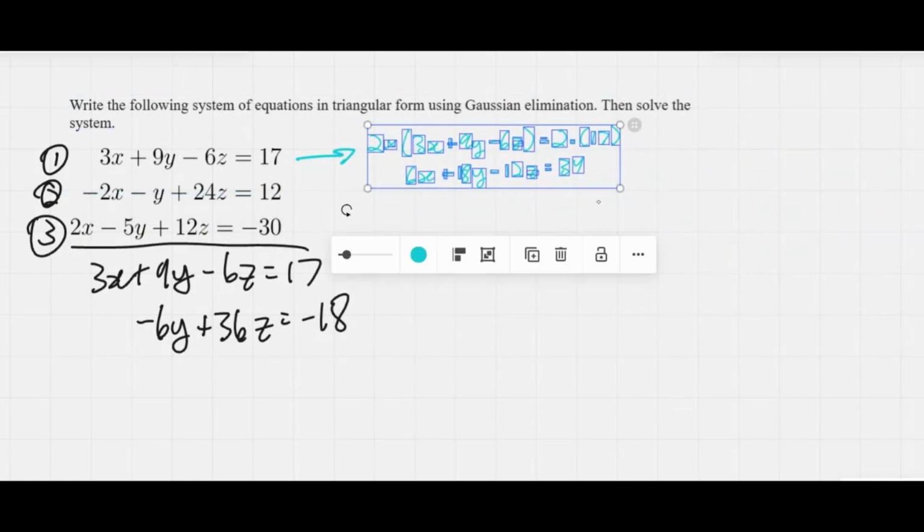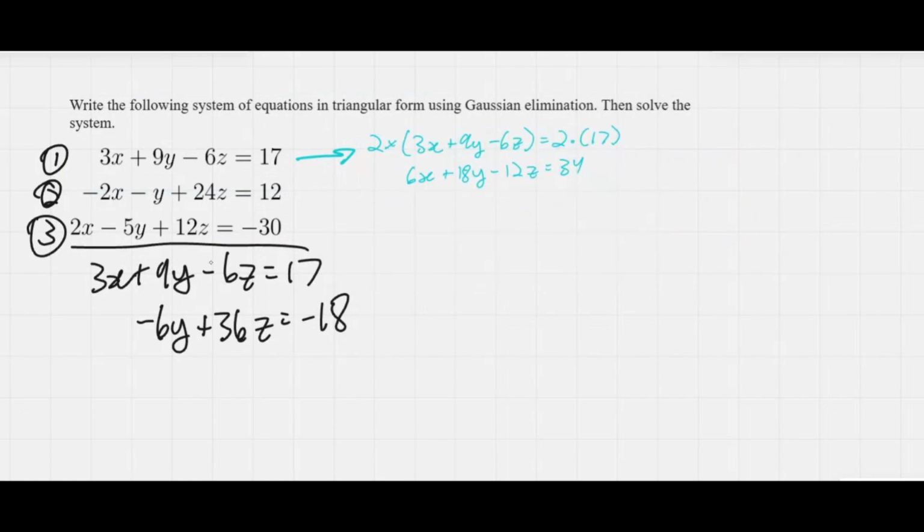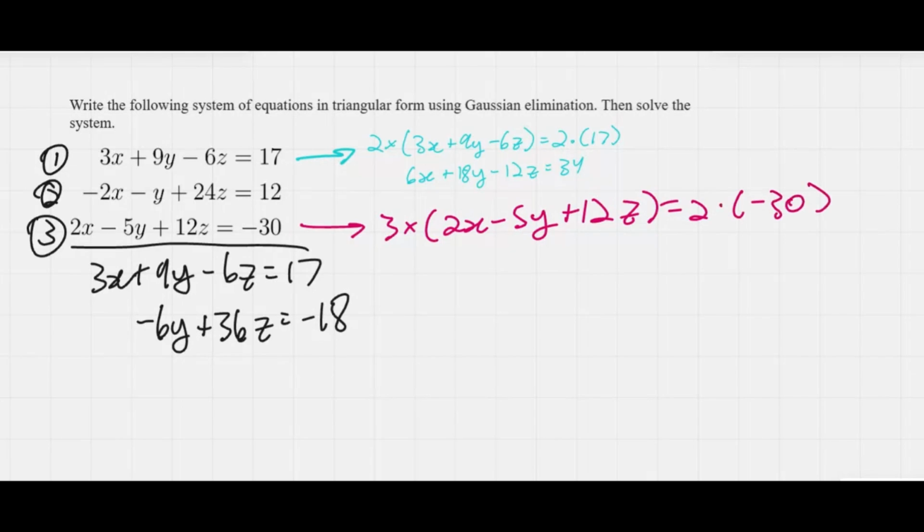Now, what am I going to do with the third equation? I'm going to multiply that by 3. So I'm going to do that in a different color as well. So 3 times 2x minus 5y plus 12z is equal to 2 times negative 30.